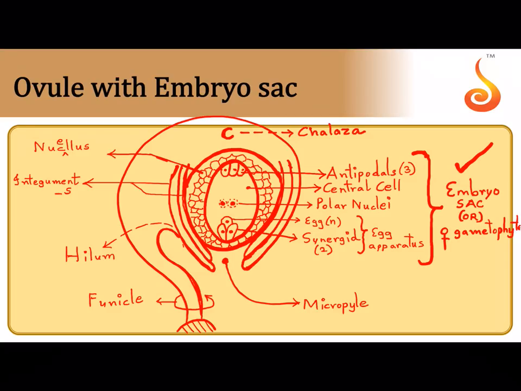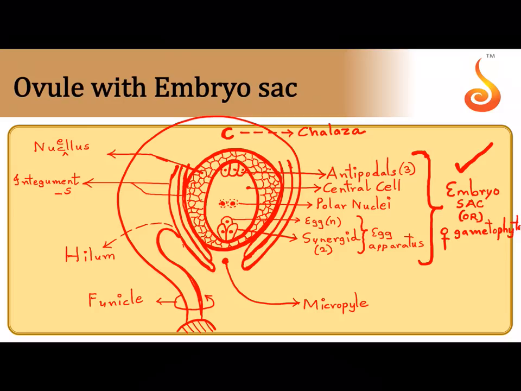And like I have shown here, you also have to show the nutritive tissue. I'm continuously calling it nutritive tissue, but remember it is the main tissue of the ovule, which is referred to as the nucellus. You should show a lot of cells in the nucellus.